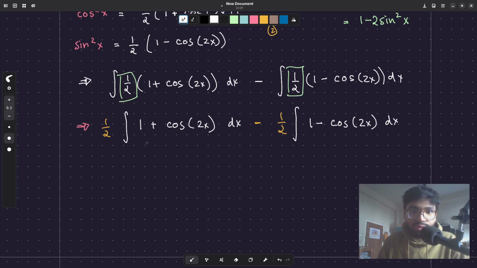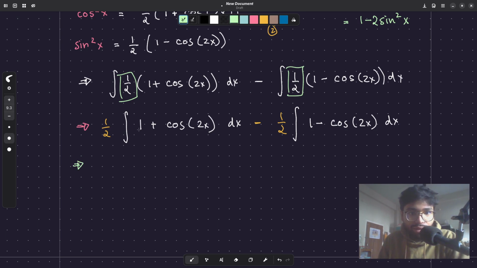So we know this, we can integrate 1 with respect to x, but we can also do this. We will just take a simple u sub. U will be 2x, so dx will be du by 2, and this 2 will get factored out. So again, we'll have something like this.